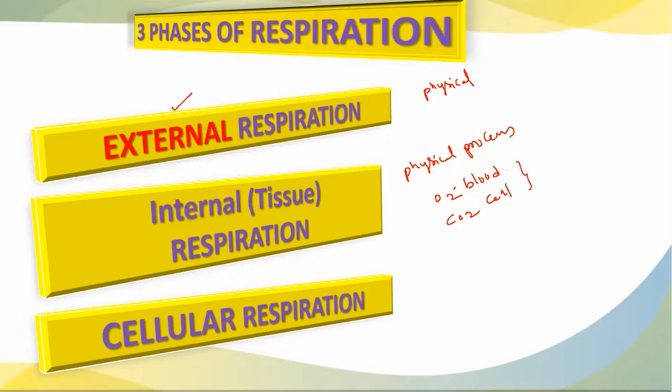The exchange of carbon dioxide and oxygen occurs at the alveoli and the capillary blood vessels. This is called internal respiration or tissue respiration, and both the exchanges of gases occur on the principle of diffusion.